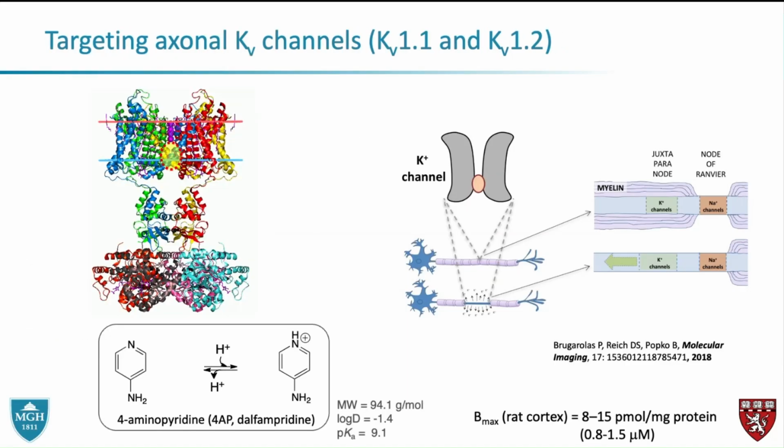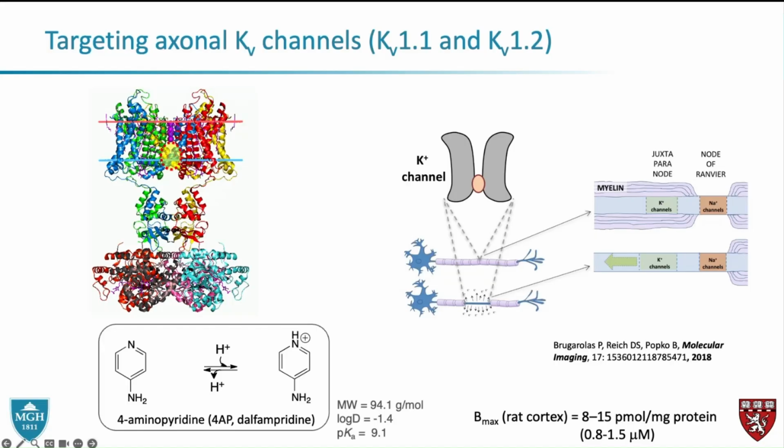So going back to the structure of the potassium channels, here on the intracellular side of the pore, there's a cavity, and that is where 4-aminopyridine, this very simple small molecule, binds. 4-aminopyridine, also known as dalfampridine, is an FDA-approved drug for multiple sclerosis.